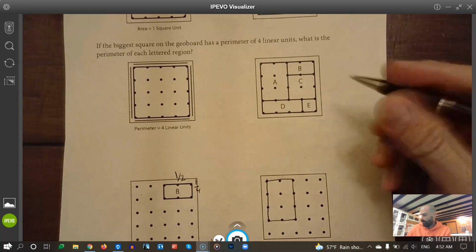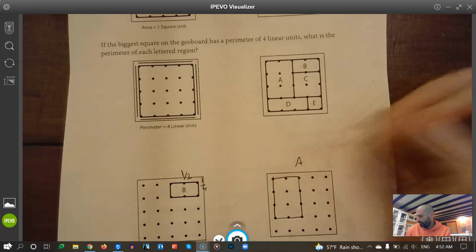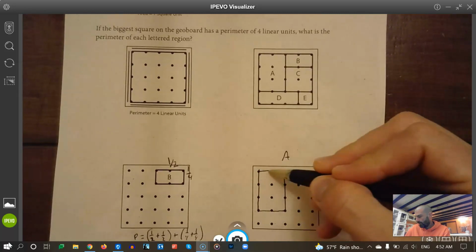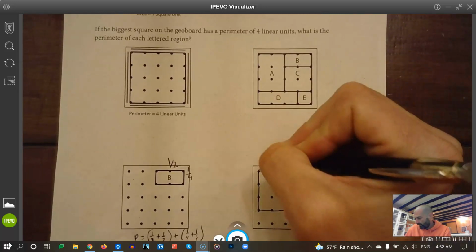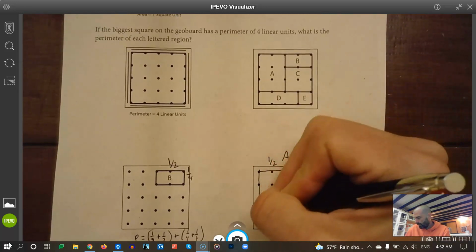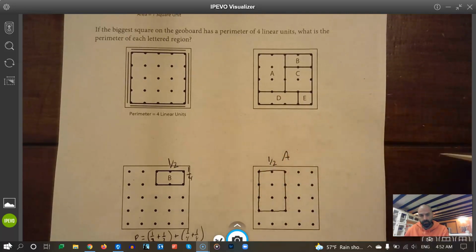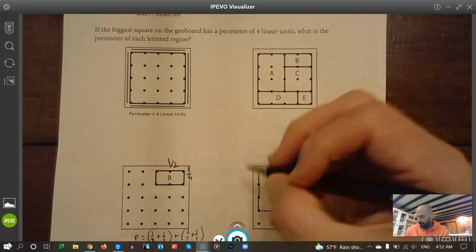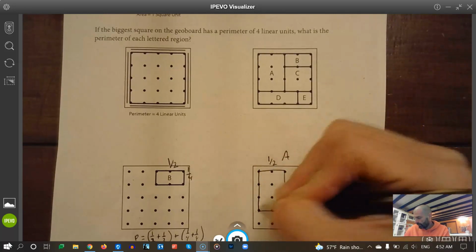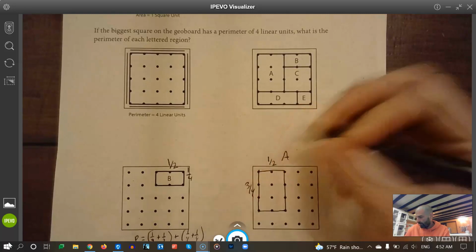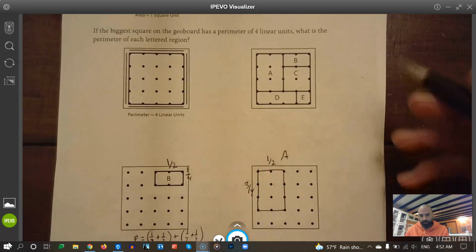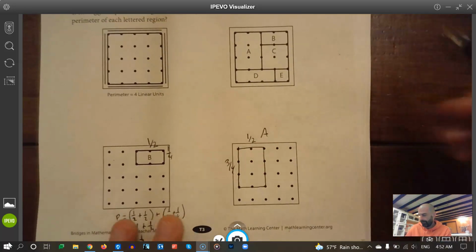All right, so here is rectangle A. So here is 1/2 on this side. And then what about this side? Remember, each one of these is a 4th, right? Because that's what we had figured out over here. So we have 1, 2, 3 of those. So we have 1/2 by 3/4. So how do I figure that out?